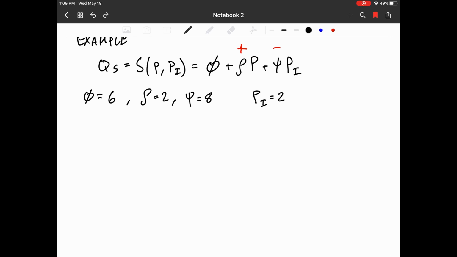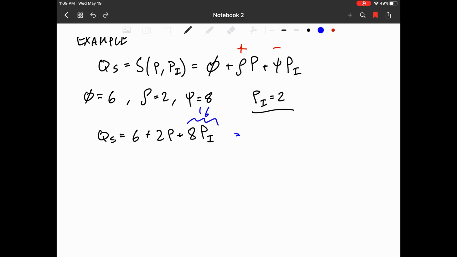So we can just plug these in to solve for our supply curve. So QS is equal to 6 plus 2 times price plus 8 times PI. And then if we wanted to substitute in our variable value, we could do that as well. That would just make this into 16.